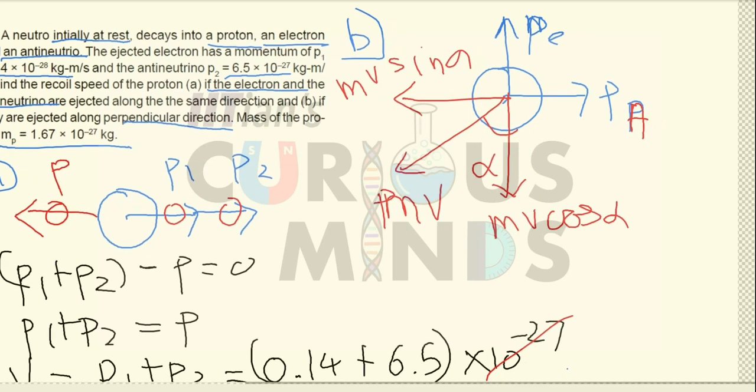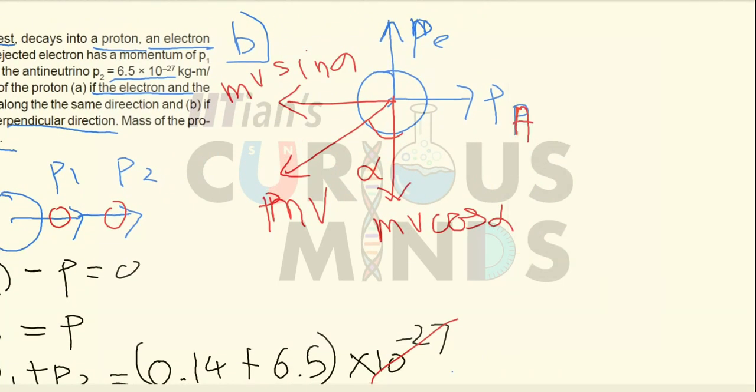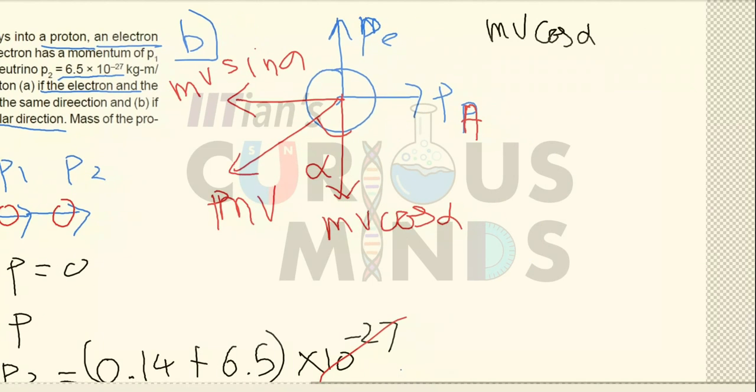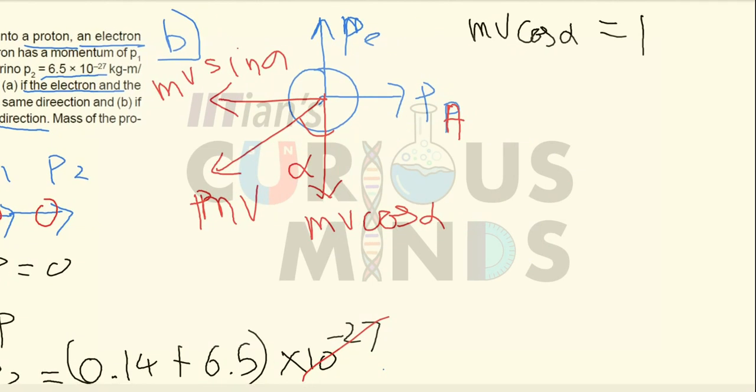Now I can clearly say that mv cos alpha will be equal to the momentum of the electron, and mv sin alpha will be equal to the momentum of the antineutrino. If I want to find the value of mv, I will square and add both of them.